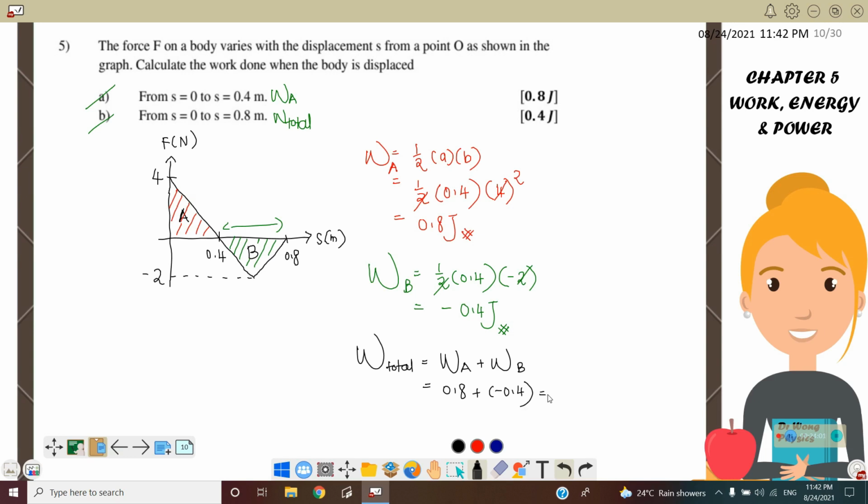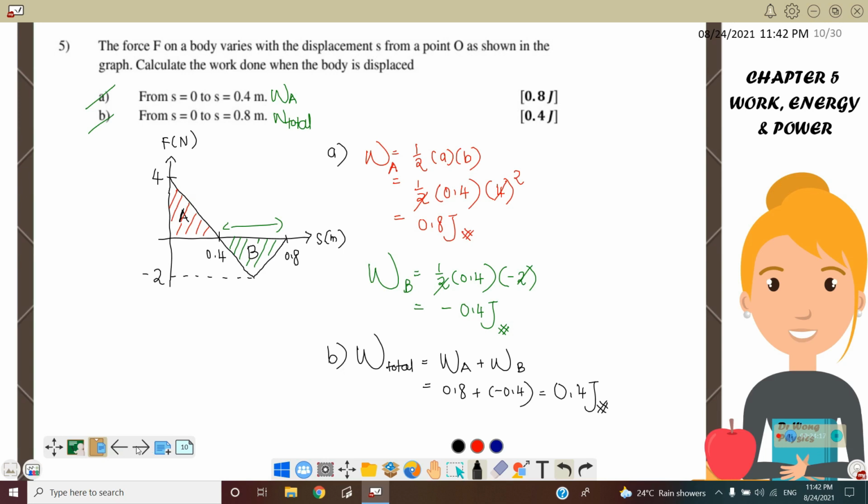So finally, our total work done from 0 meter to 0.8 meter is equal to 0.4 joule. This is the answer for 5B.